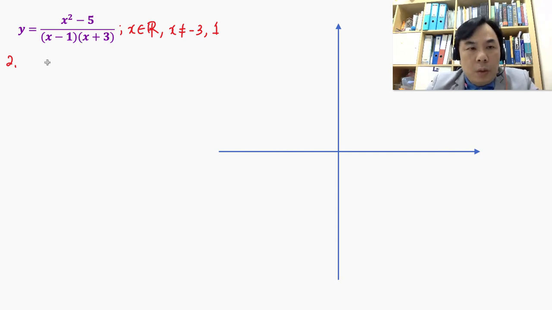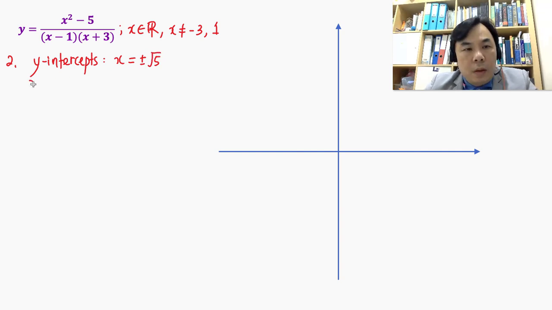We know that our y-intercept will be x equals plus or minus square root of 5. And then our x-intercept will be quite easy in this case. For the x-intercept, we just let everything equal to 0. We will have 5/3.